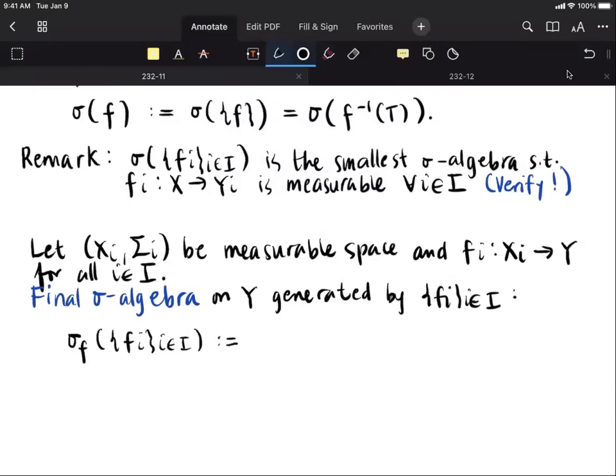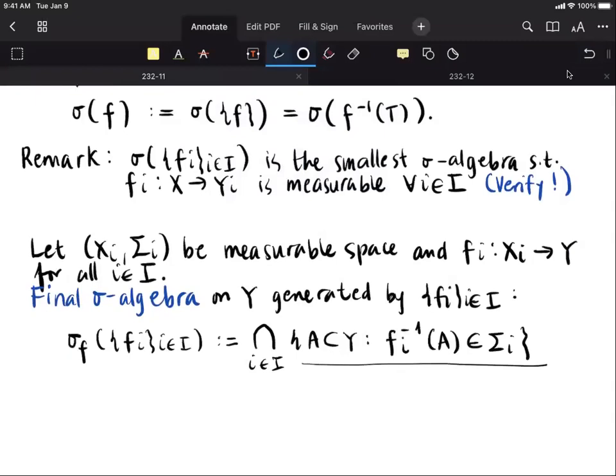This is defined to be the intersection of all subsets A in Y such that f sub I inverse of A is an element of sigma sub I. So you take inverse images of subsets of Y, and if that is in the sigma sub I, then A must be in this collection, and this must be true for all I in the index set.